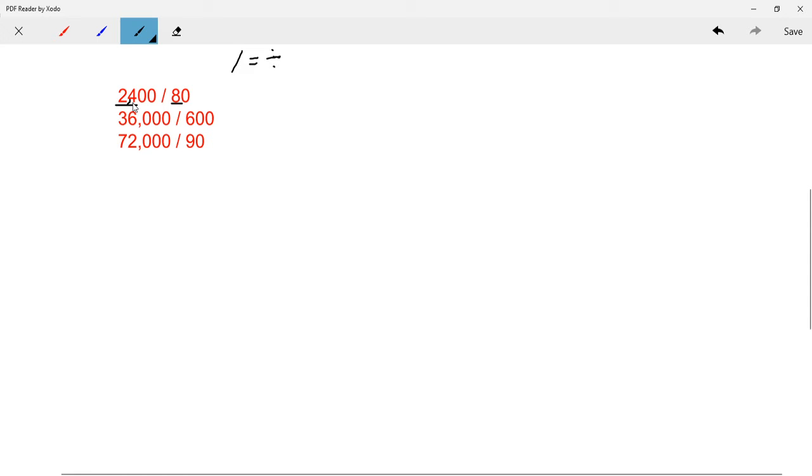So 2,400 divided by 80. Really what we're looking at is 24 divided by 8, which of course is 3.